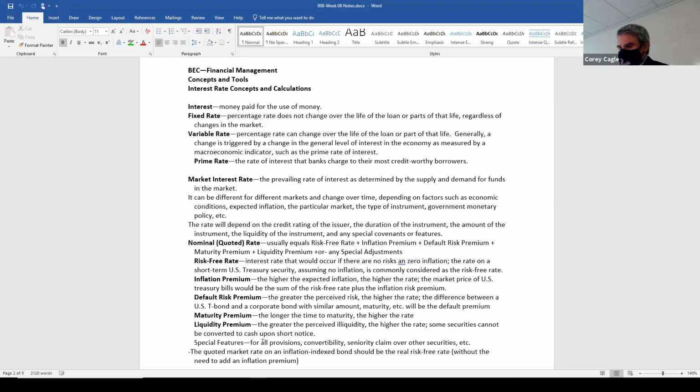And that interest rate can depend on so many different factors. Basically, risk is what it boils down to, right? So we're familiar with that idea.